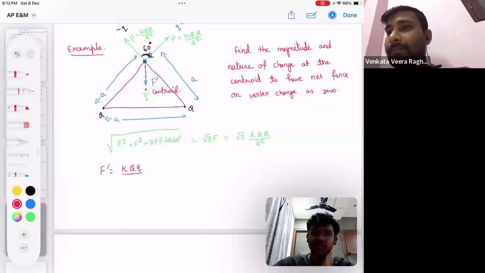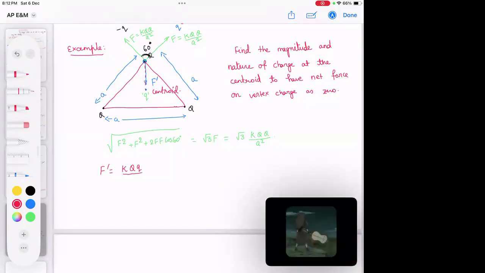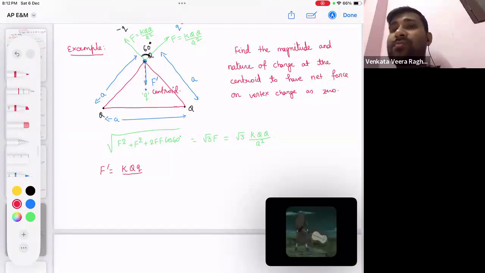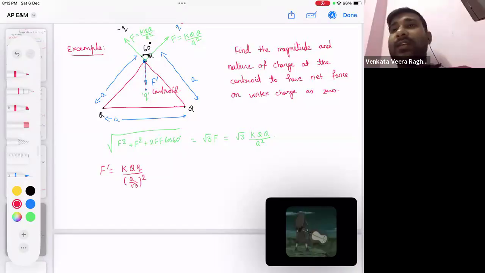That is a by root 3. Right? The distance between the vertex and the centroid in an equilateral triangle is a by root 3.